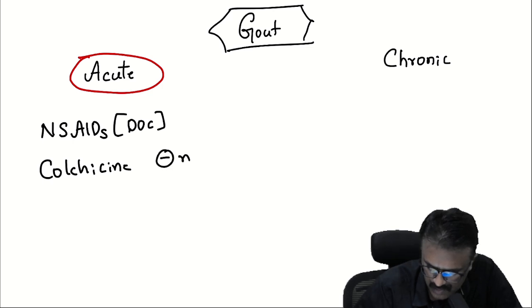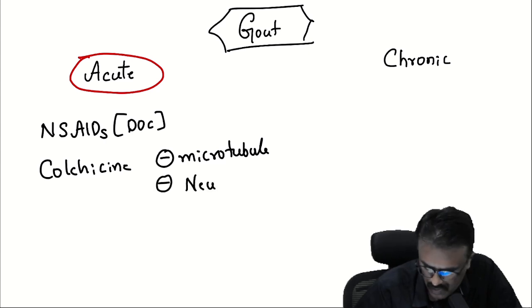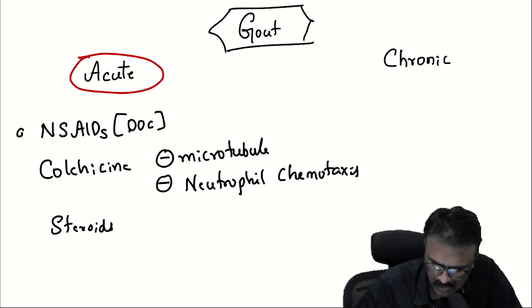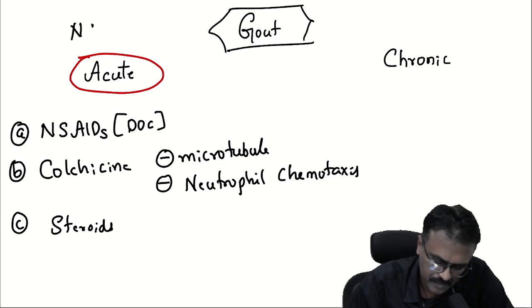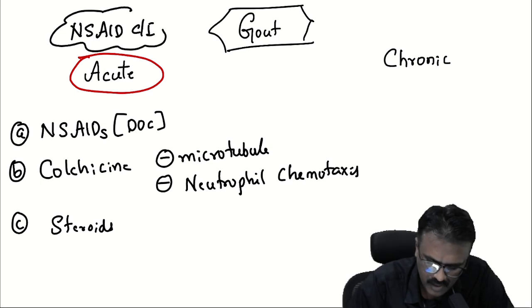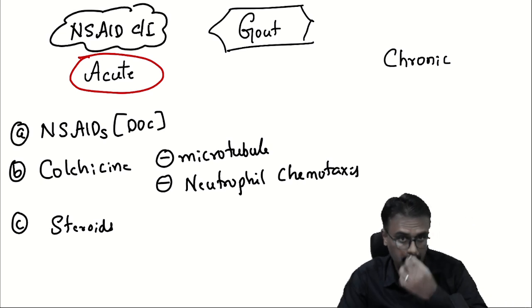Colchicine inhibits microtubule and also it inhibits neutrophil chemotaxis. And then we give steroids. So 3 drugs are given in acute gout. Tell me which NSAID is contraindicated in acute gout. Tell me that.